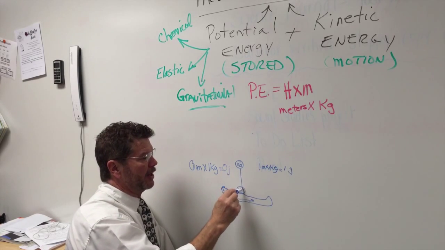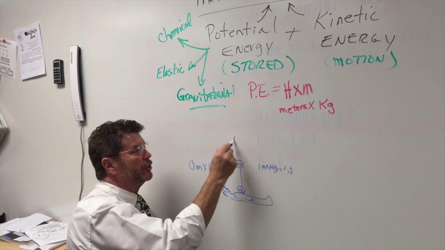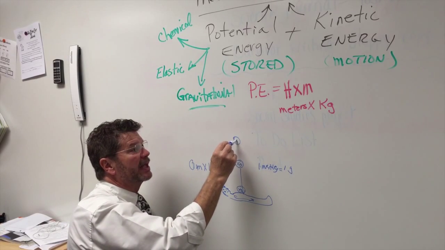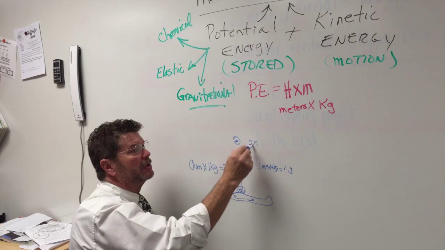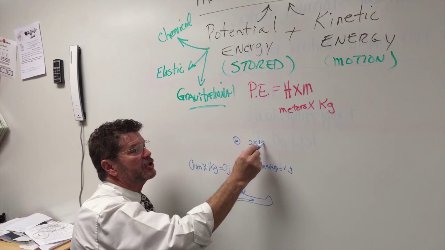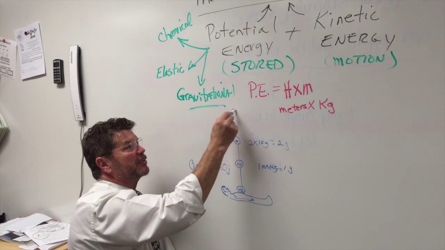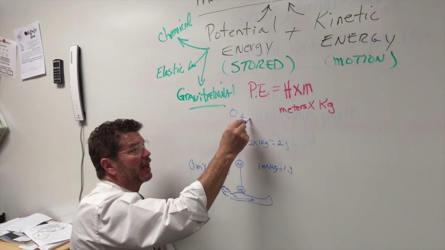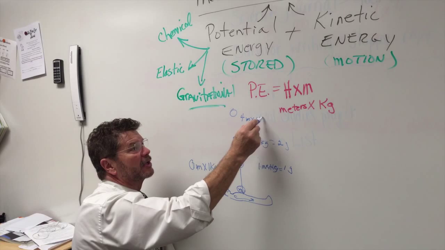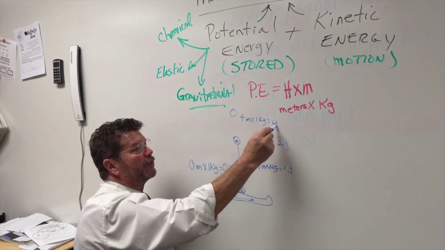Then it dropped down. Then we went to 2, but it was still 1 kg. So it was 2 times 1 kg, 2 joules. Came down. And we eventually went up to 4 meters times 1 kilogram, and that equals 4 joules.